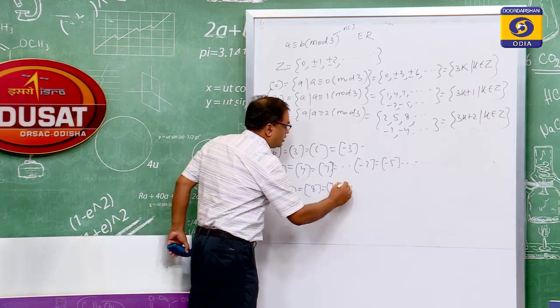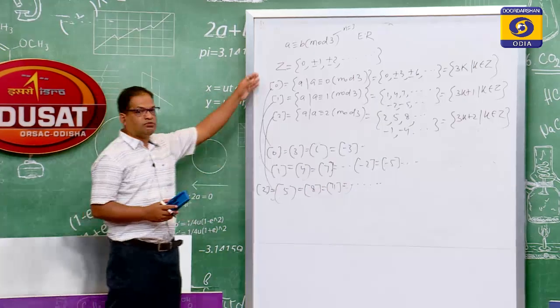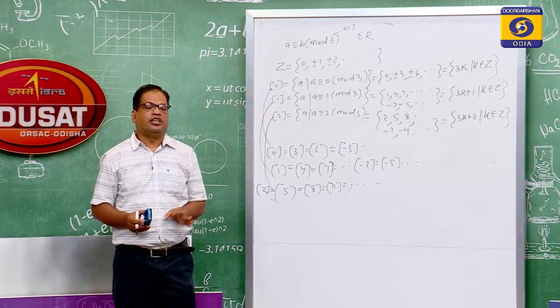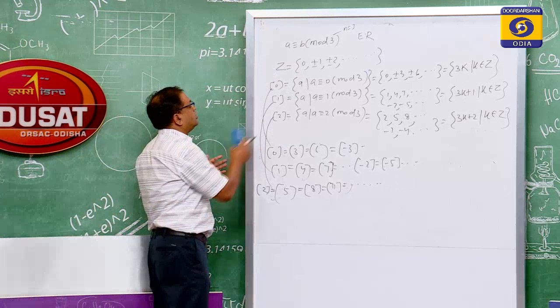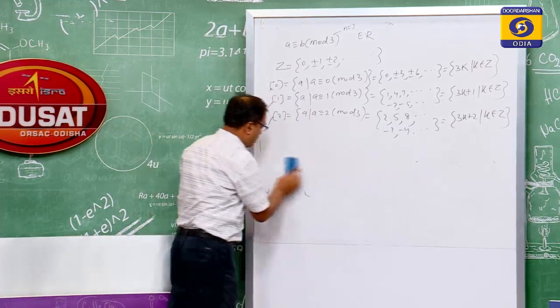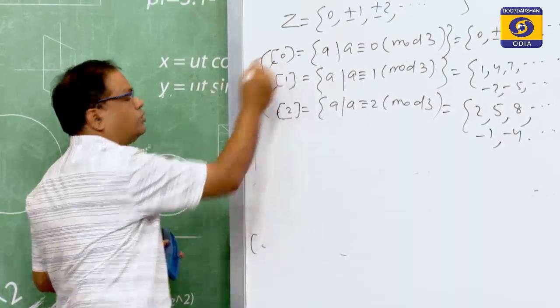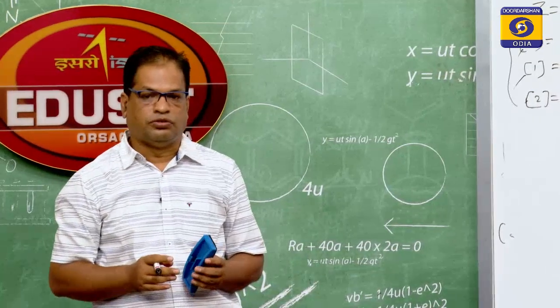11, like this. So, although it seems that there are infinite integers and we have infinite number of equivalence classes, there are only 3 equivalence classes, that is 0, 1 and 2. Equivalence class 0, equivalence class 1 and equivalence class 2. All other equivalence classes are either equal to 0, or equal to 1, or equal to 2.